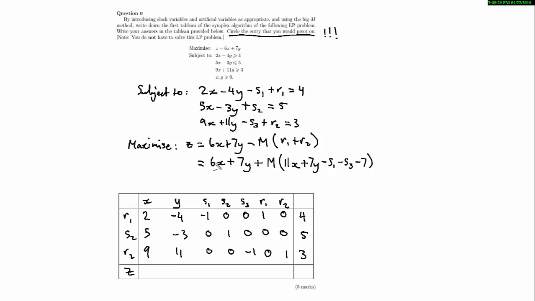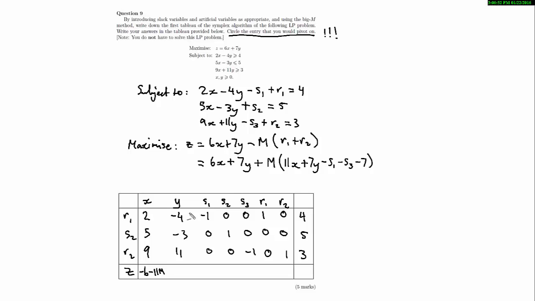For the X column, we have -6, and because we have plus 11Mx up here, we have minus 11M down here.